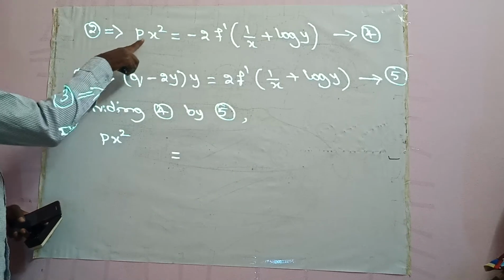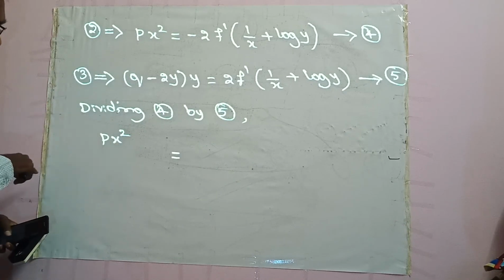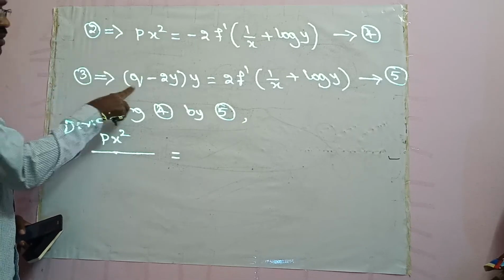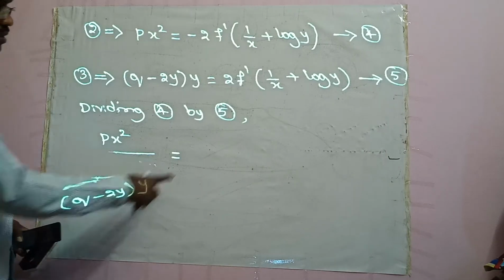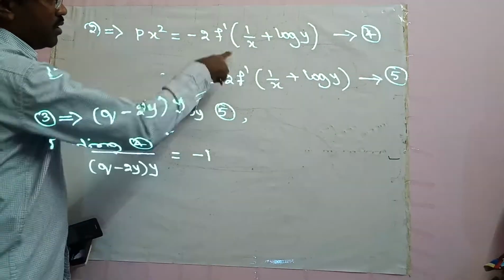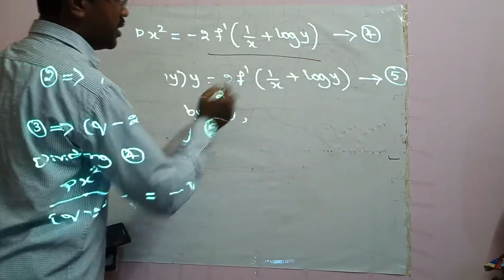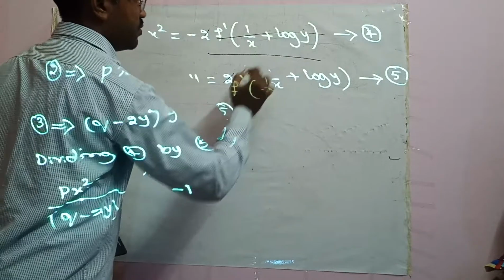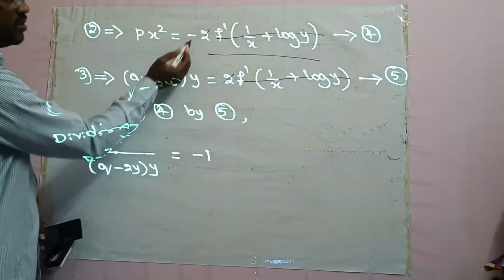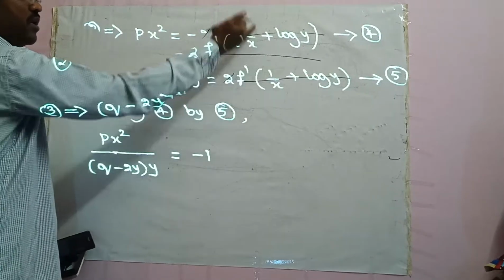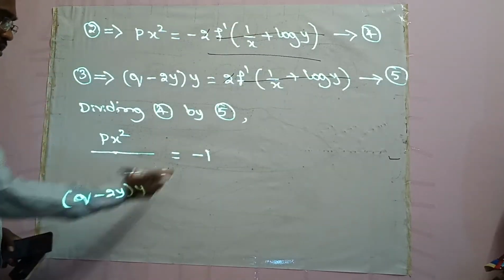What is 4? 4 is px square; the LHS divided by this, we write the RHS of 4 divided by, if you divide these two directly, you can write 2 will get cancelled, f dash will get cancelled. Then what remains? Just minus 1. So if you divide the RHS, you get just minus 1 we have written here.